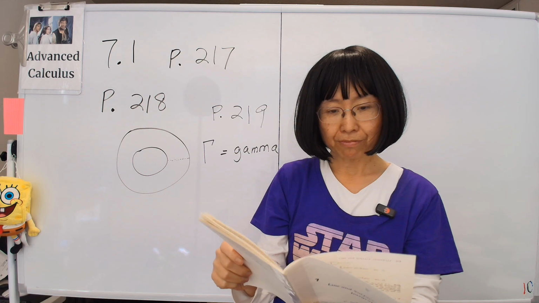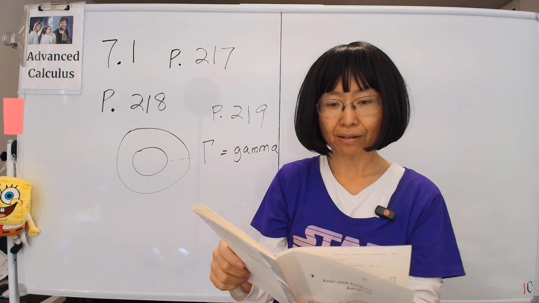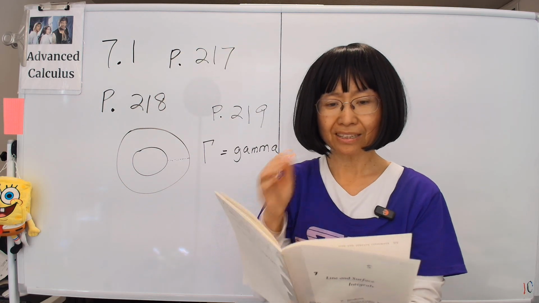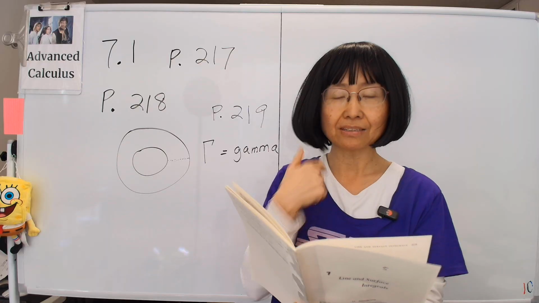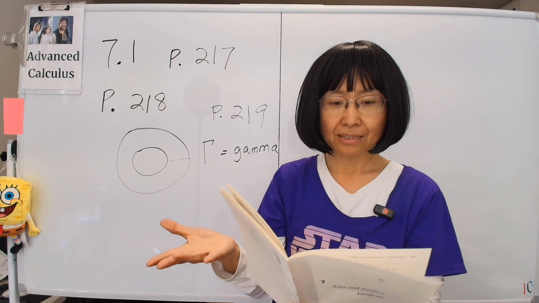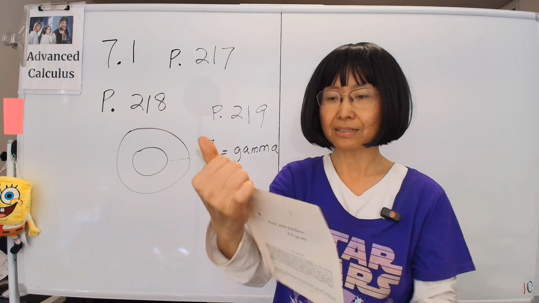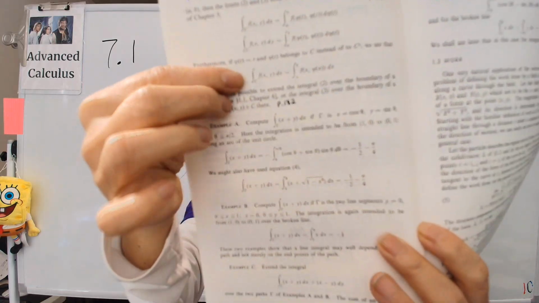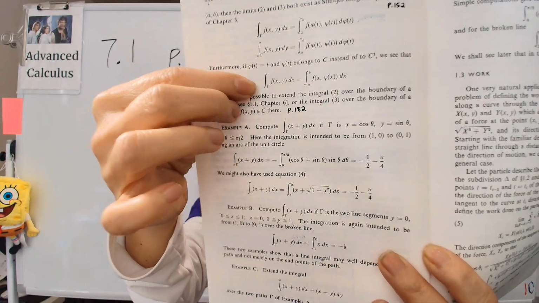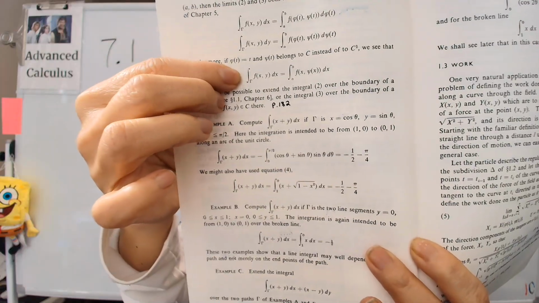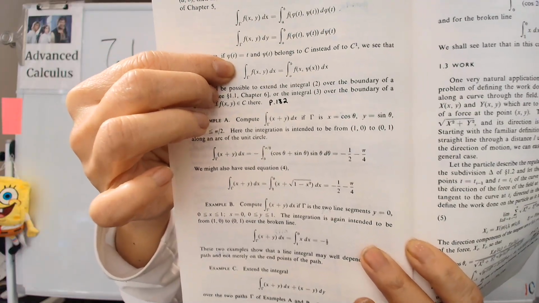Then psi of t belongs to C instead of C1, and so we're relaxing the requirement on psi of t. Then we can plug things in and realize that this integral also works.